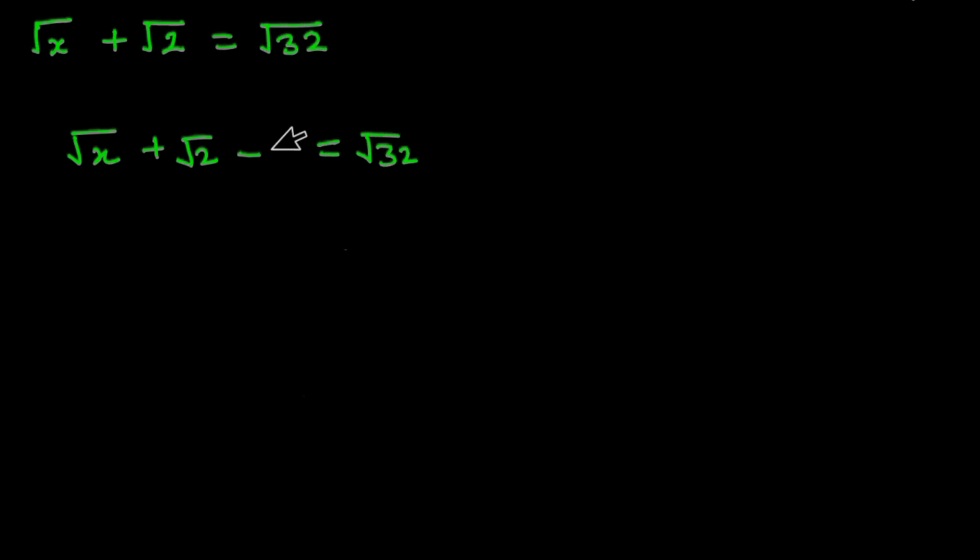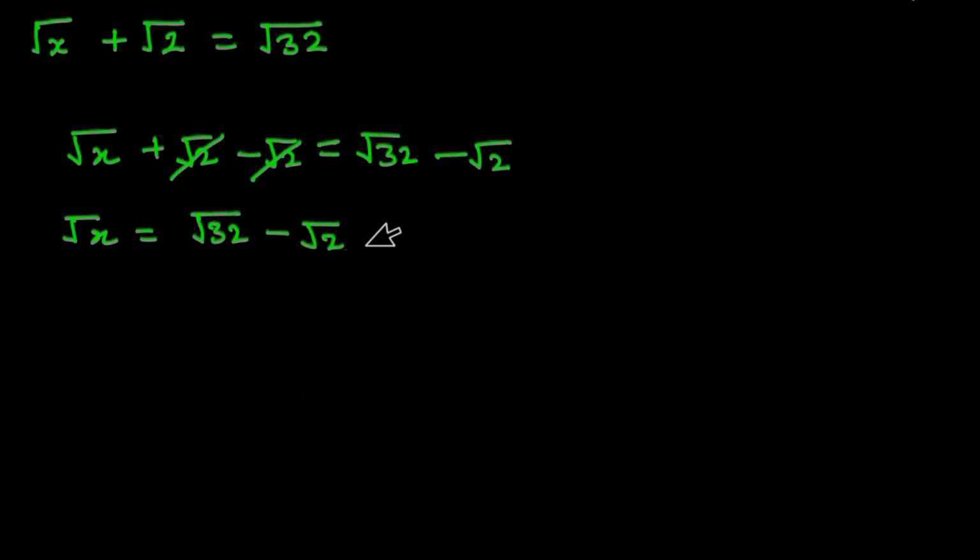So we have minus square root of 2 over here, and then minus square root of 2 over here as well. So this square root of 2 will take care of this negative square root of 2. So we have square root of x is equal to square root of 32 minus square root of 2.